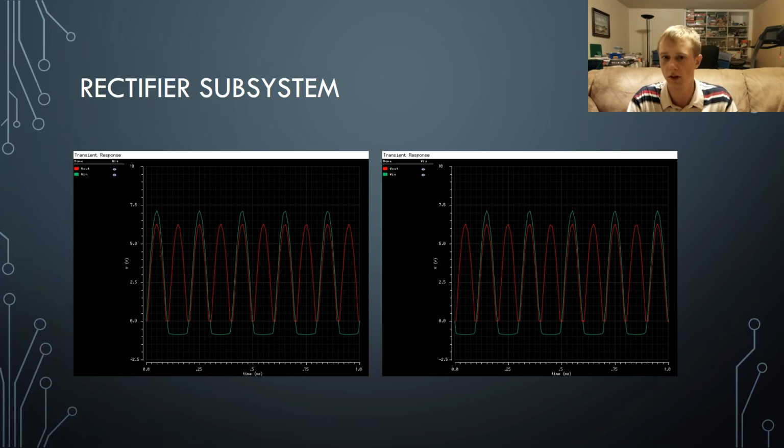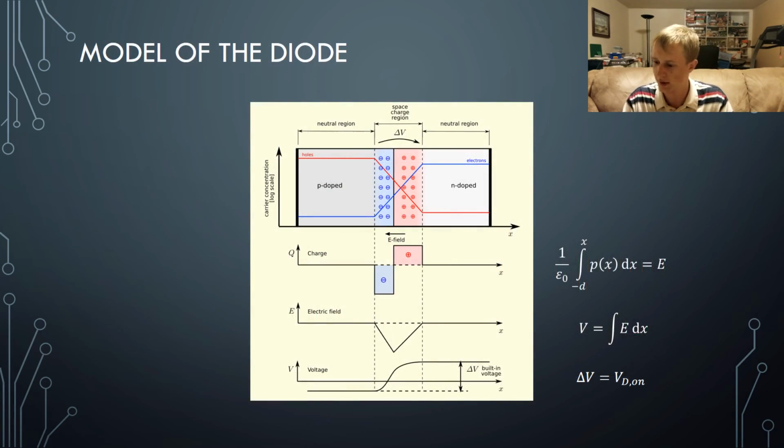So to solve for this voltage using electromagnetics, we need to look at the model for a diode. A diode is a PN junction, which is made up of two semiconductors, the N-type being filled with an excess of electrons, and the P-type being filled with an excess of holes.